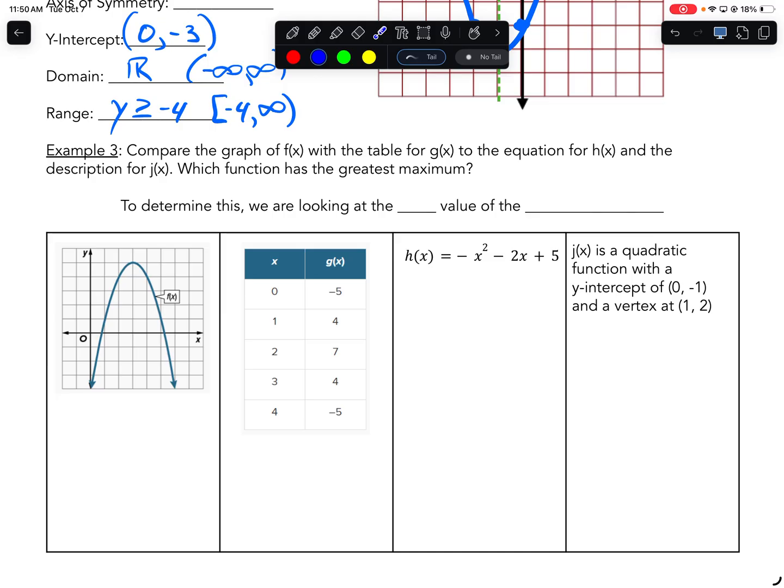So what is the maximum of this first graph right here? 3 what? 3, 5. Is that maximum the vertex? Sure is. So how can you tell what the vertex is on the next one?